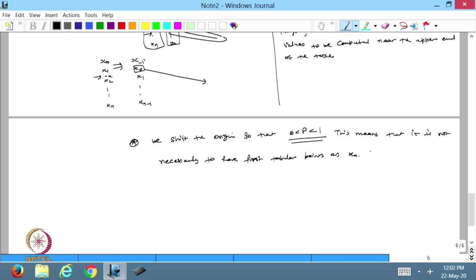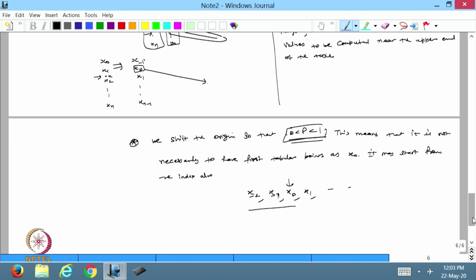It may start from negative indexing also, like it starts from x -2, x -1, then x0, then x1, like this. In this case, I have shifted 2 times to make this x0. Earlier it was x0 here, but I shifted it to x0 here, and then the previous values I call x -1 and x -2. So, this way we can shift just to make sure that the value of p is lying between 0 and 1.